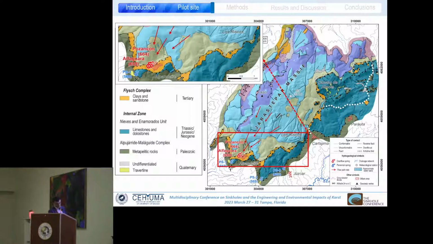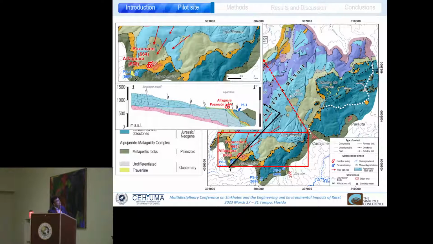So you can see how at that point the geological cross-section shows always the same limb of the antiform structure dipping toward the south, and the permanent spring, with very small flow rate, and the overflow springs of Alfaguara and Pozancón.